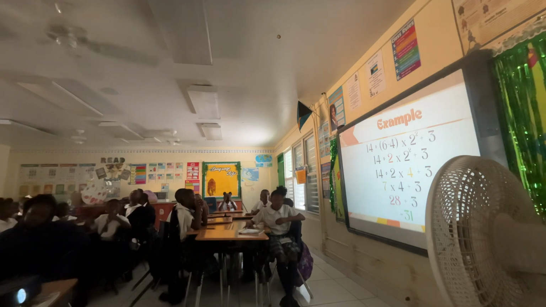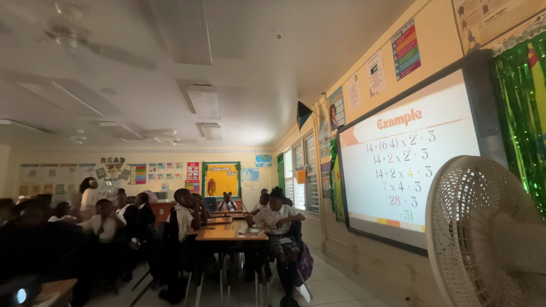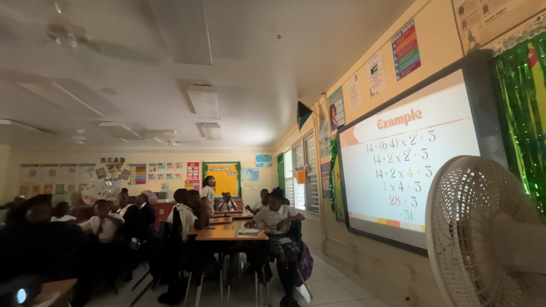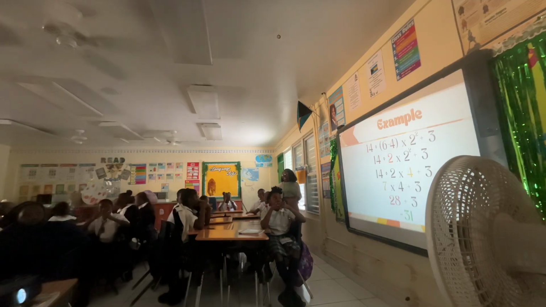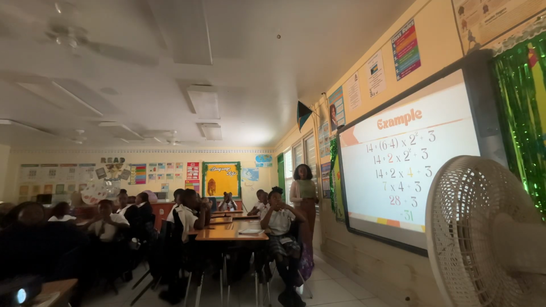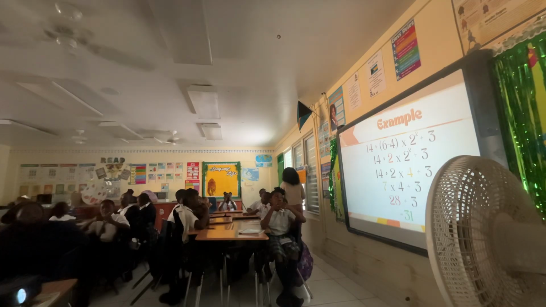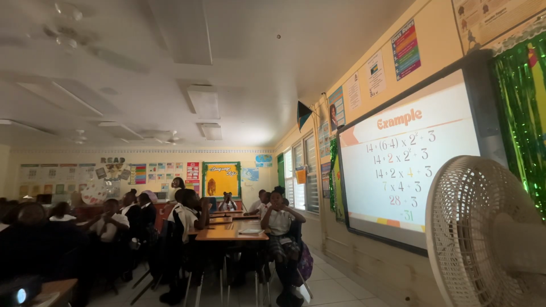So next, what's the next step? We must multiply. What are we multiplying, grade 5? We are multiplying 7 by 4. And what is 7 times 4? 28. 7 times 4 is 28.